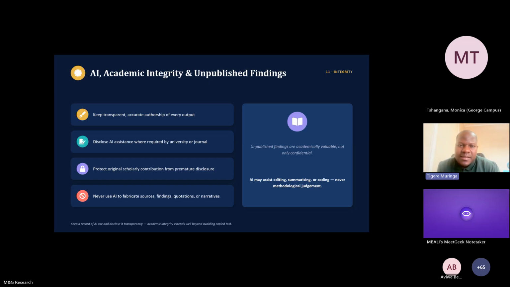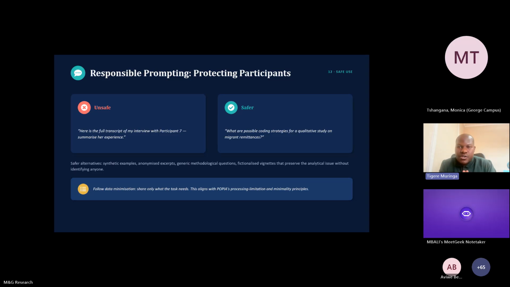So what then does this mean? We need to be responsible and use responsible prompting. And we need to learn to use AI tools without exposing participants. Therefore, what we need is a safer way of using AI for research support, not for convenience.